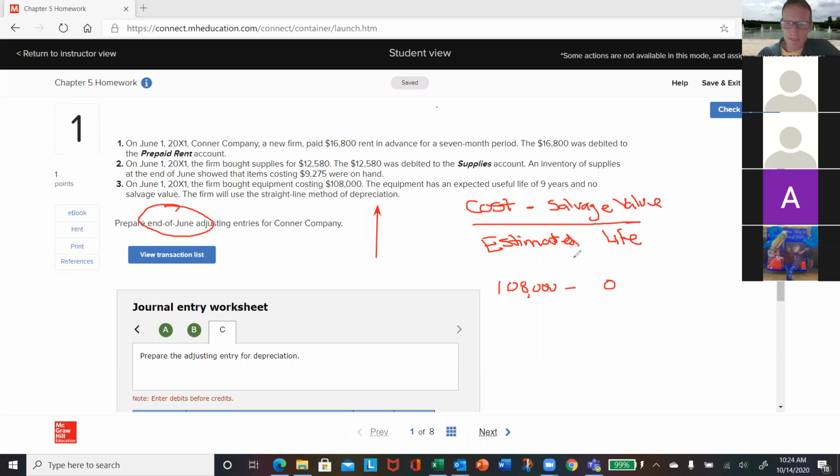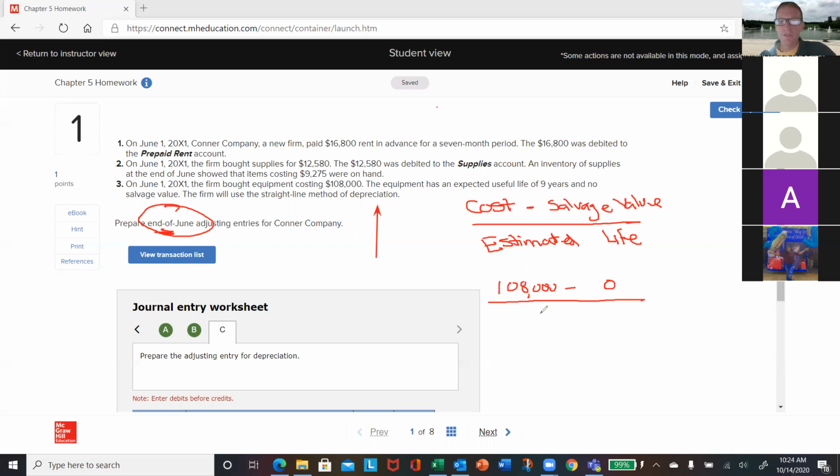They said 0, so that's pretty easy, just minus 0. And then we have to divide by something. I would suggest that most of these problems that you're going to encounter in chapter 5, typically they do it monthly. So let's divide by the number of months, not by the number of years.